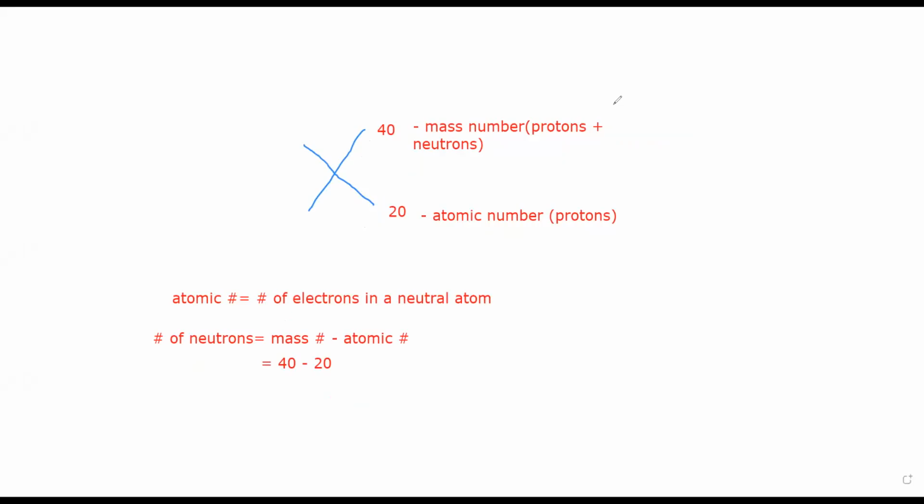So I just want to clear this whiteboard. All right, so they want you to draw and write the electron configuration for this atom here, which is argon.